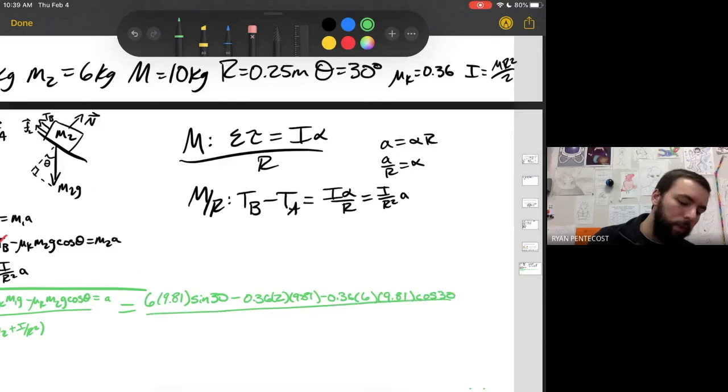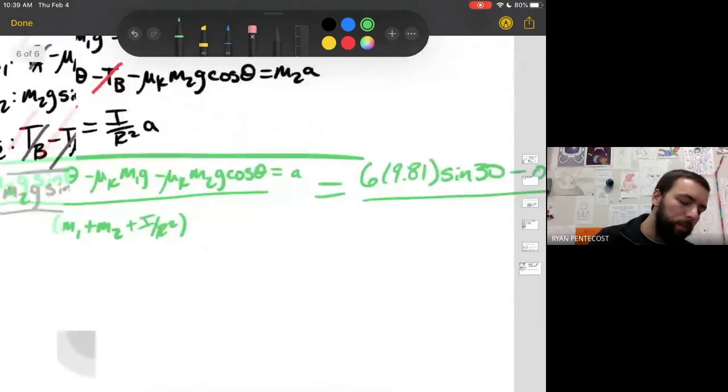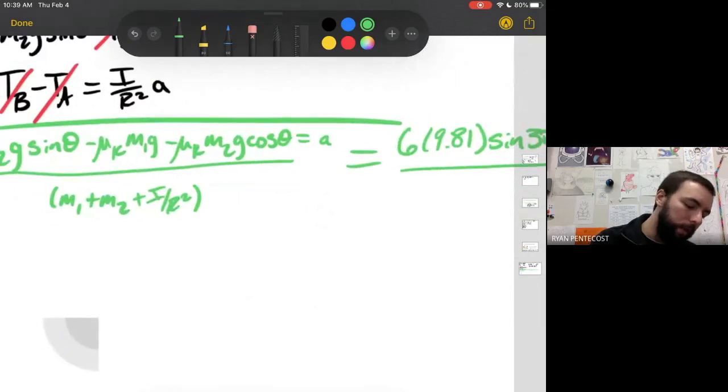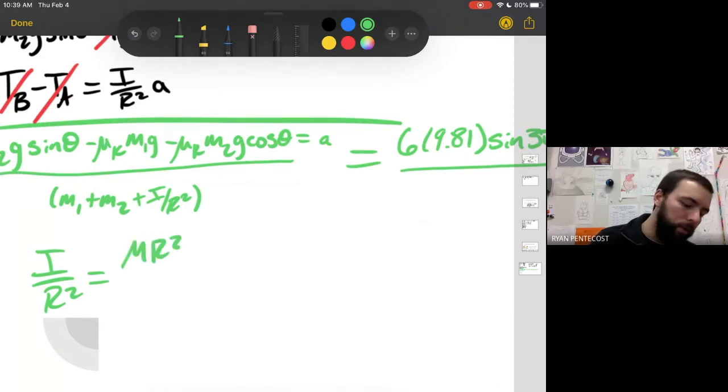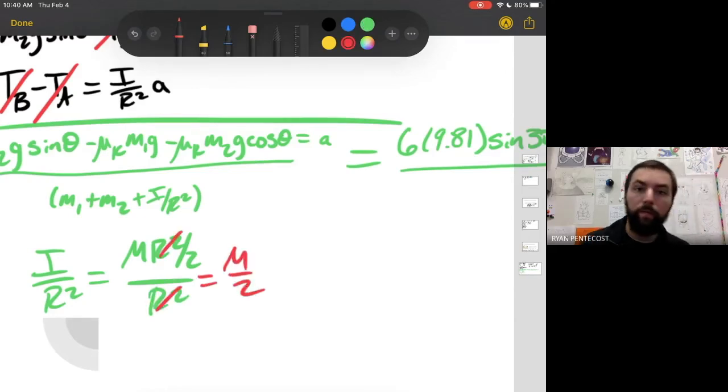Now before I do the bottom, I do want to look at the I divided by R squared. Our solid disk is represented by M R squared over 2 divided by R squared. So we can simplify this to M over 2, and M is 10.